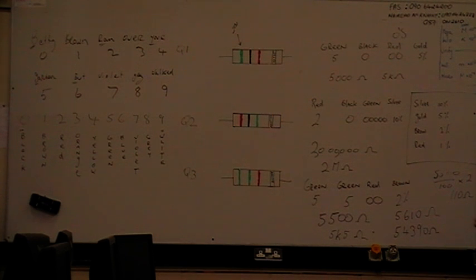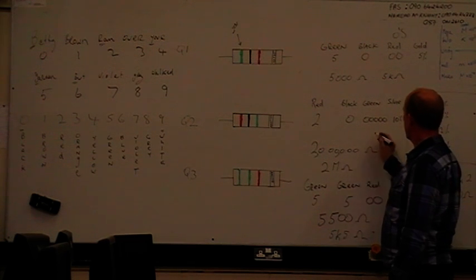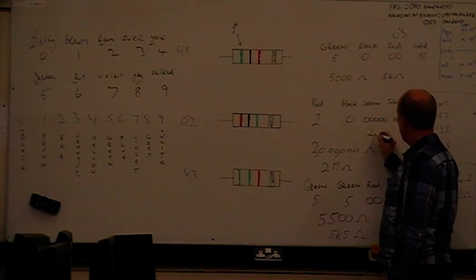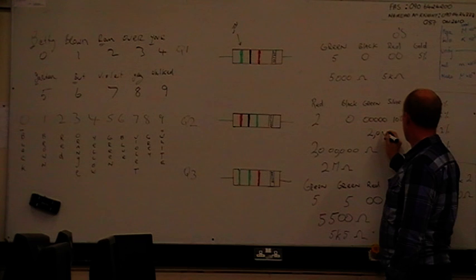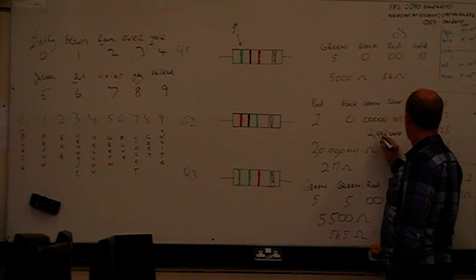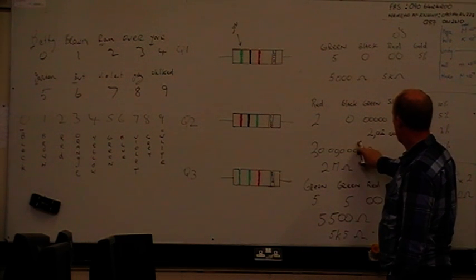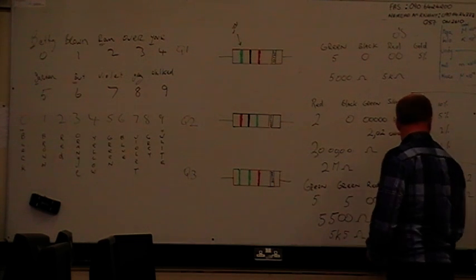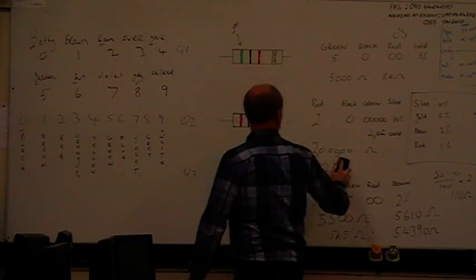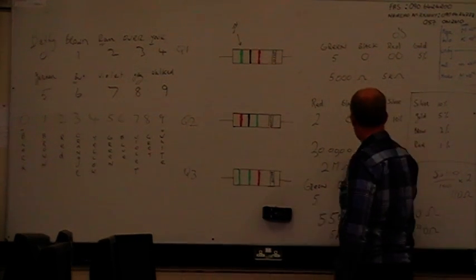So we'll work out 10% of 2 million, which is 200,000.